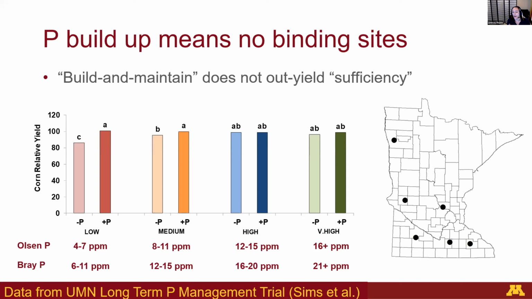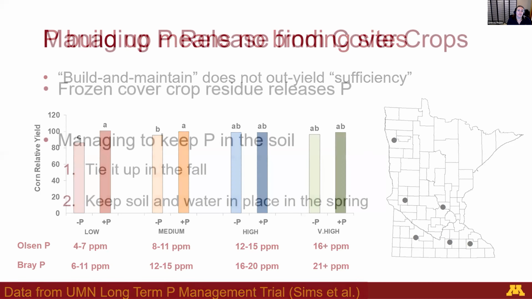But once you get to the high or very high levels, then you need to start thinking about the potential for binding sites. And again, I won't spend much time on this slide in this talk, but these are questions that, especially while we have Jeff and Dan on board, they can also help answer.